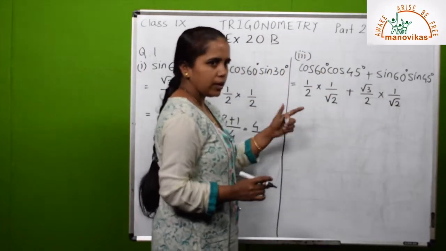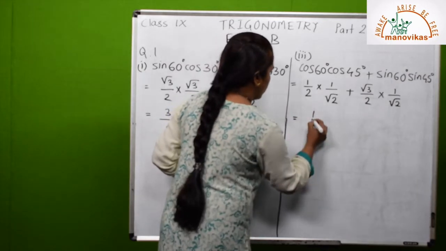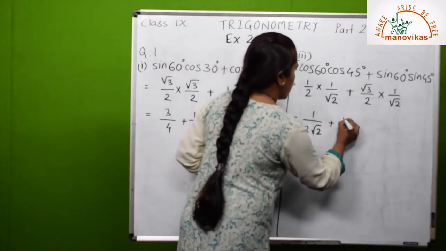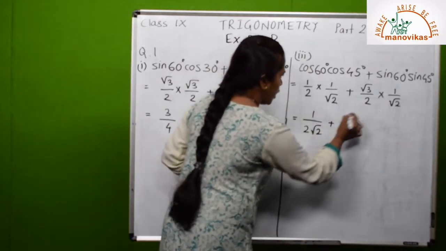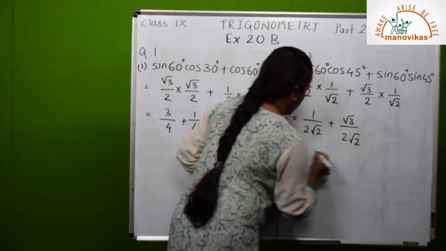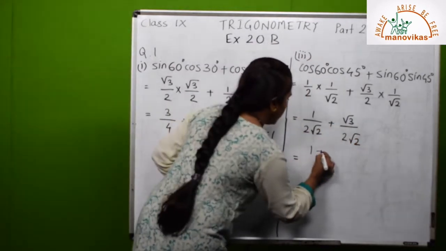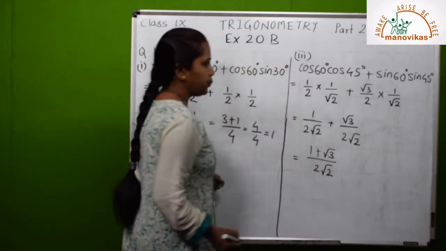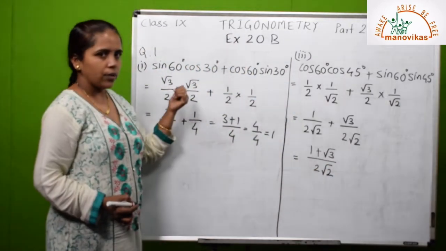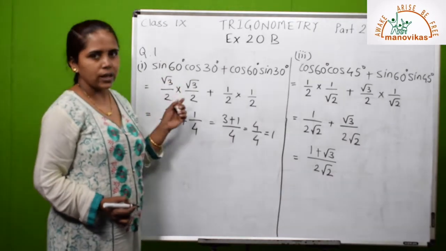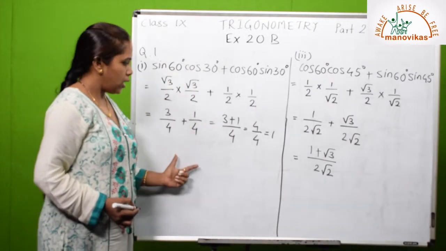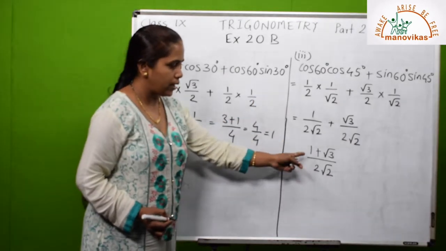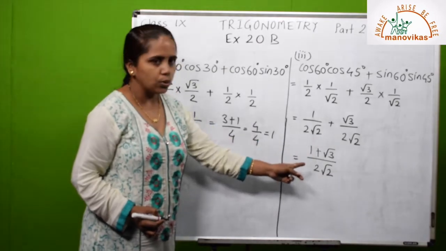Now first multiply, then add. So 1 into 1 is 1, 2 into root 2 is 2 root 2, plus root 3 into 1 is root 3, again 2 into root 2. Addition of this will be 1 plus root 3 upon 2 root 2. So using the table, we have substituted the values for sin and cos ratios. You got the answer for the first one as 1 and for the third one as 1 plus root 3 upon 2 root 2.